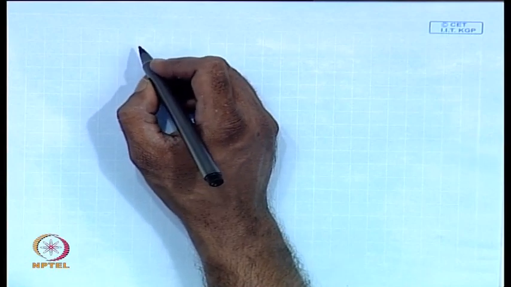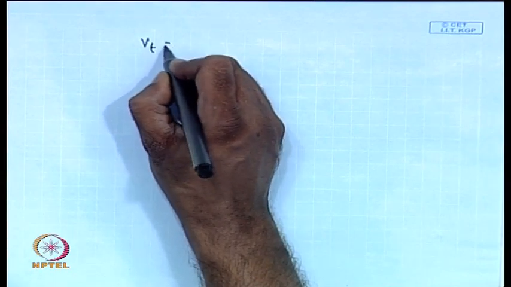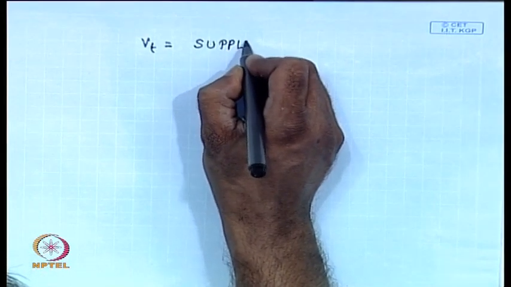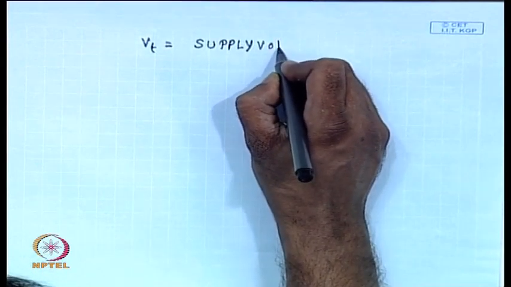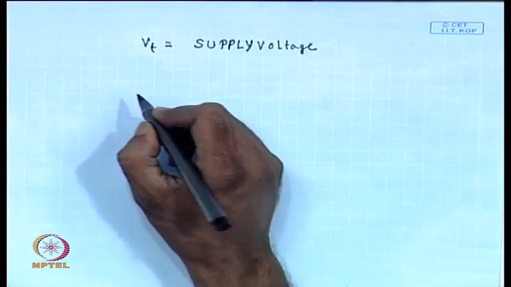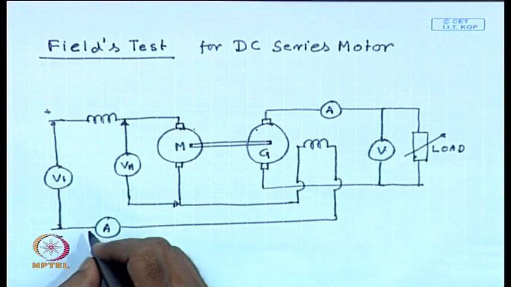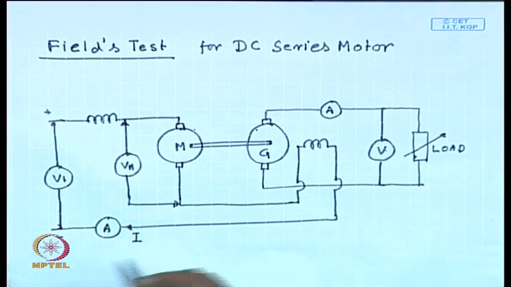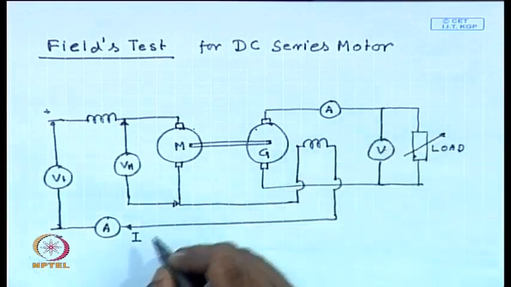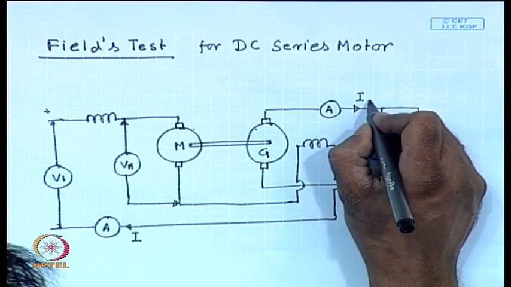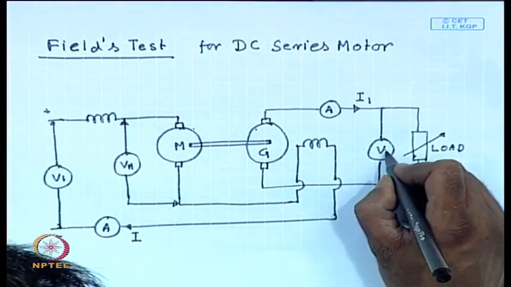The readings that we take are Vt equal to supply voltage, this is I, the motor supply current, this is I1 the generator output current, and this is V1 the load voltage.